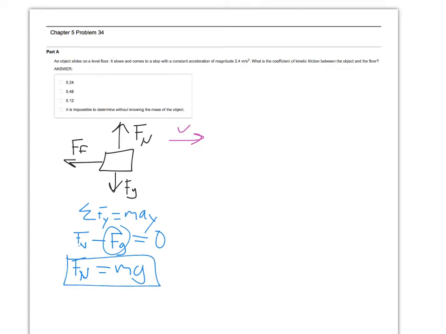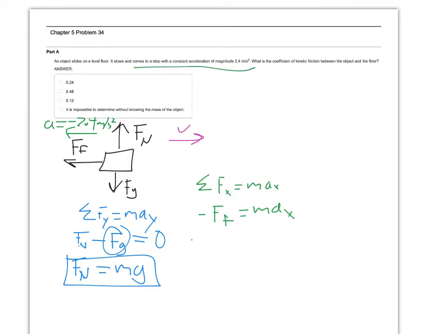In the x direction, we're going to have just the force of friction. I'll say negative ff because it's going to the left, is going to be equal to m times my x acceleration, and I know my acceleration is going to the left, so I'm also going to make that negative, and it has a magnitude of negative 2.4 meters per second squared.